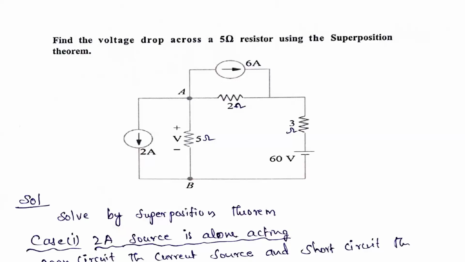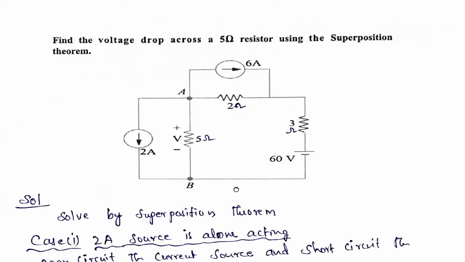So what superposition theorem states is that in any linear bilateral elements, only one source is acting alone. And at that point, we need to find out the required voltage drop or current. So first we are going to solve by superposition theorem.